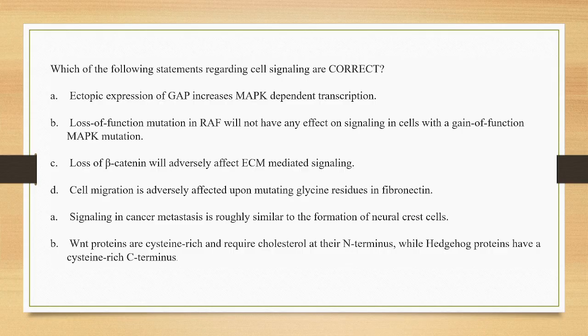Loss of function mutation in RAF will not have any effect on signaling in cells with a gain of function MAPK mutation. Loss of beta catenin will adversely affect ECM mediated signaling. Cell migration is adversely affected upon mutating glycine residues. Signaling in cancer metastasis is roughly similar to the formation of neural crest cells. Wnt proteins are cysteine rich and require cholesterol at their N terminus, while hedgehog proteins have a cysteine rich C terminus. So, you have to select the correct options. I'm giving you 2 minutes. Select and give me the answer.